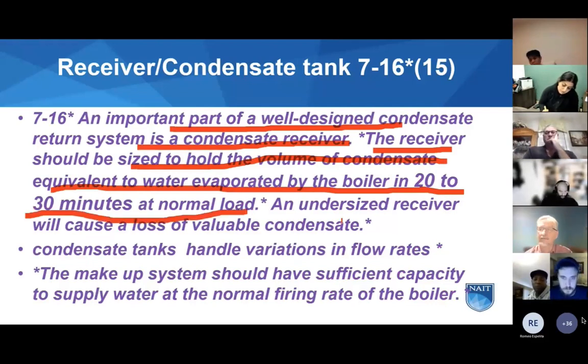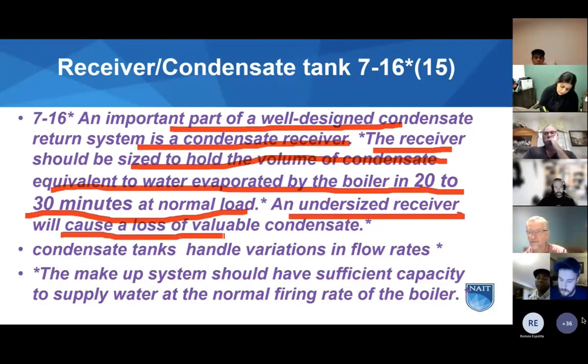If you didn't have a big enough receiver to collect the condensate, all of the condensate comes back. That would be an undersized receiver, and it would have to overflow to sewer, and you'd be giving away that very expensive pure water that could be reused.